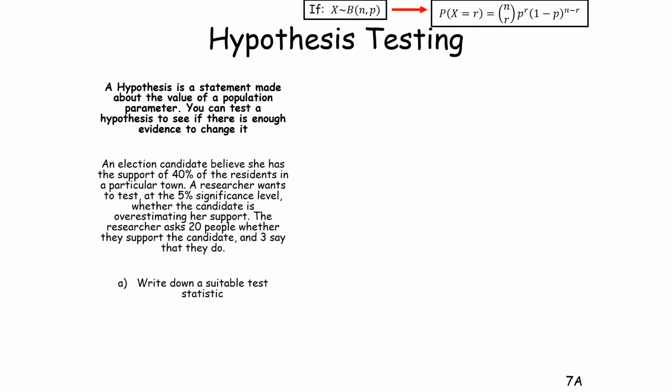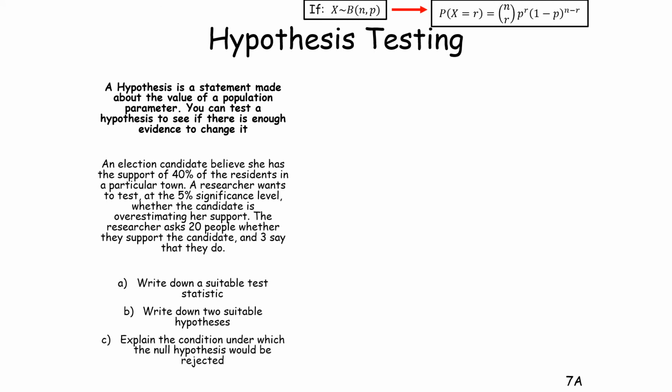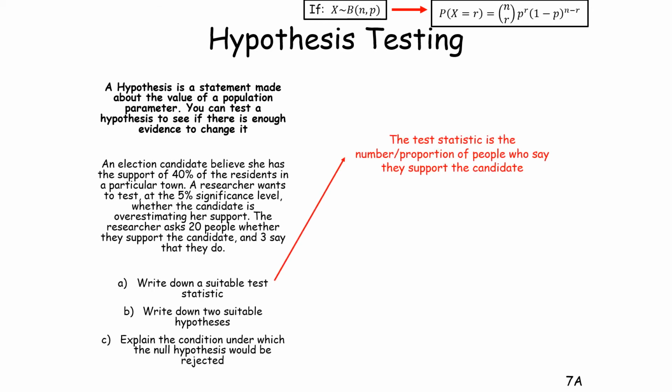So first we are asked to write down the test statistic, then B, null hypothesis, and then where it says write down a suitable hypothesis. So in this case we need to write down both the null and the alternative hypothesis. And C, we are asked to explain the condition under which the null hypothesis will be rejected. So for the test statistic, you would say the number of people who say they support the candidate.